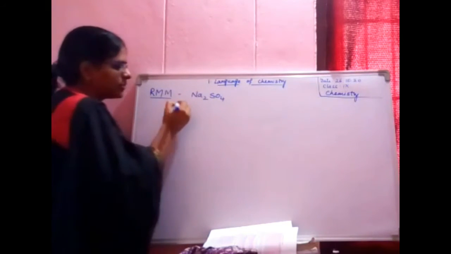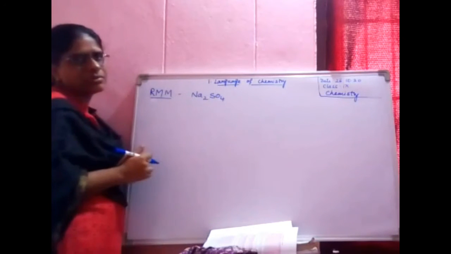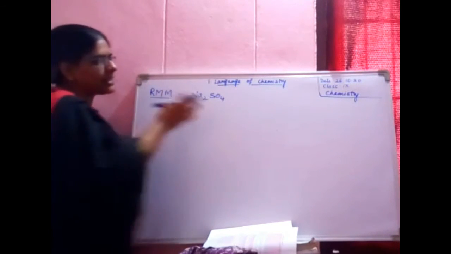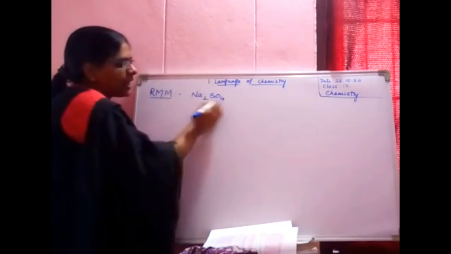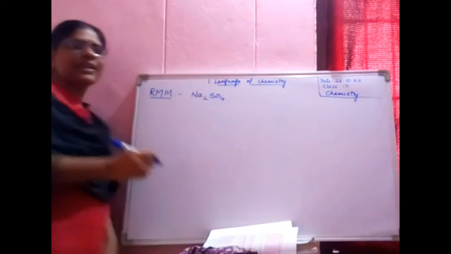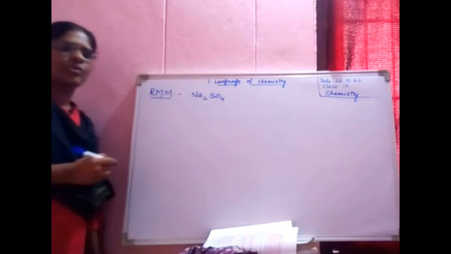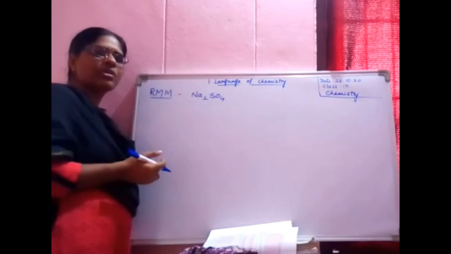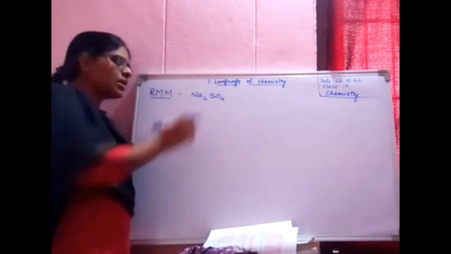Let us see. First of all, is it a compound? How can we say it is a compound? Because there are different elements. Different elements combine to form a compound. Atoms combine to form a molecule.